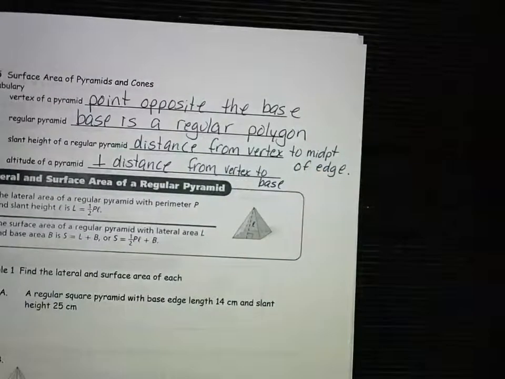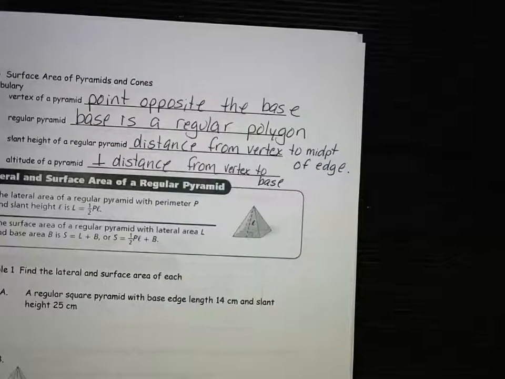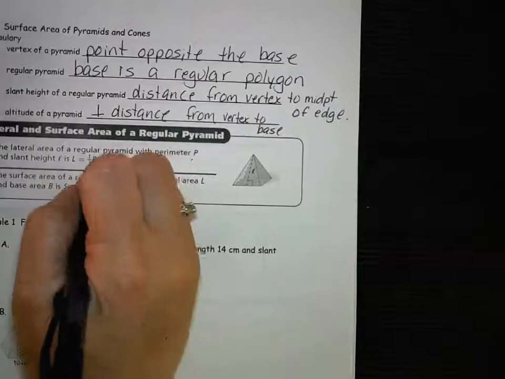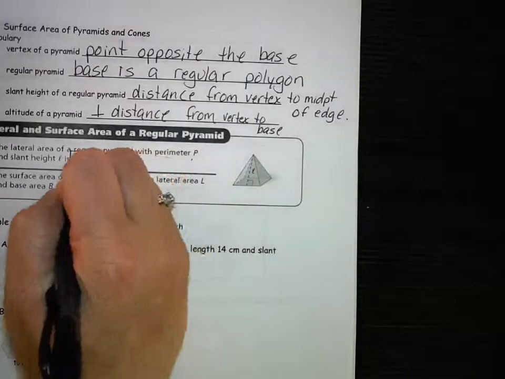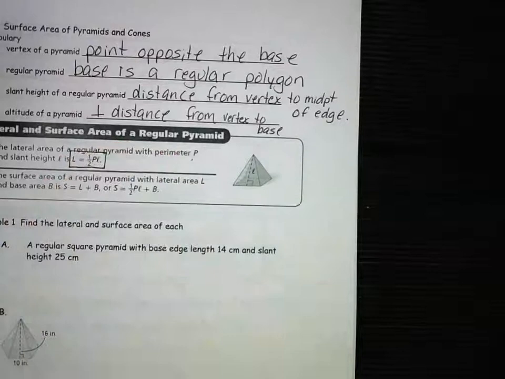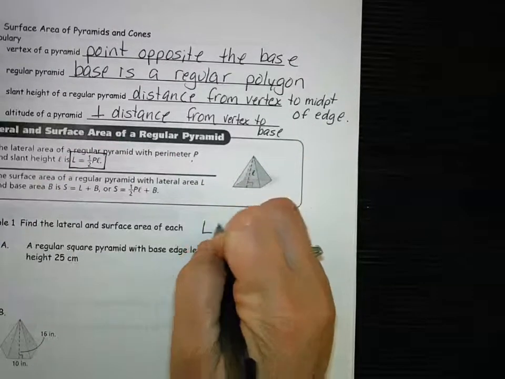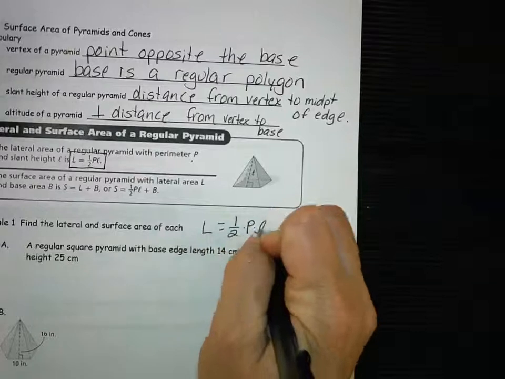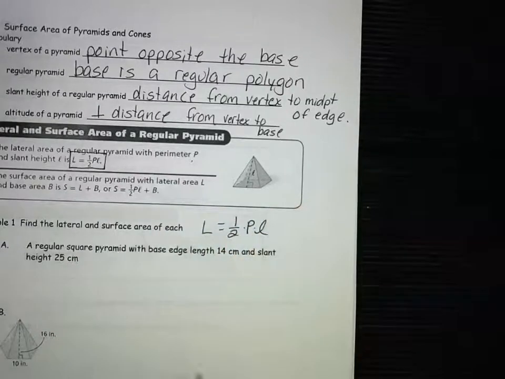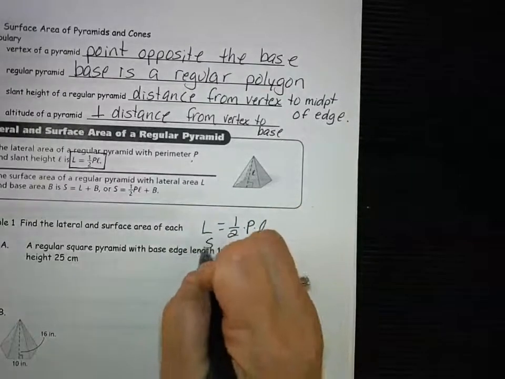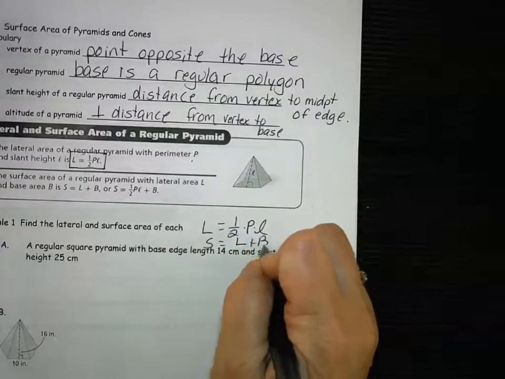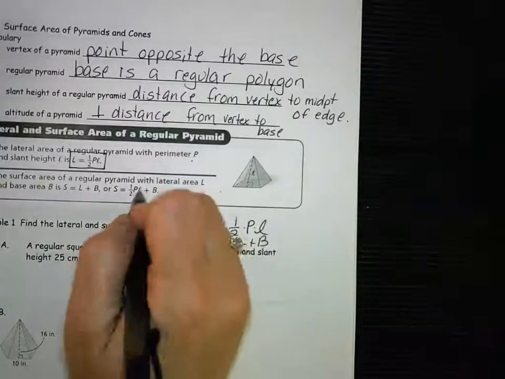The lateral area of a regular pyramid with the perimeter P and the slant height L is 1/2 perimeter times the slant height. And I'm going to write that formula here. And the surface area then is your lateral area, what you just had, plus the base, whatever shape that is.